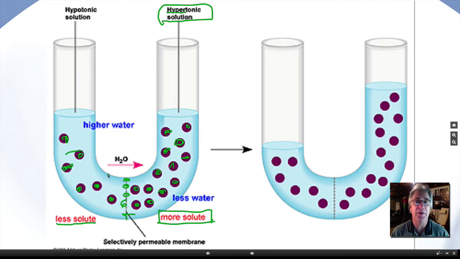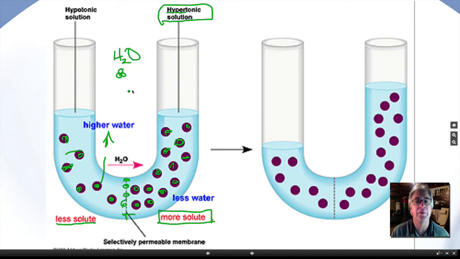Now, this semi-permeable membrane is going to segregate the size of the particles. Because these are large particles, the sugar's large, the water particles are much smaller. Here's maybe a little particle of H2O.